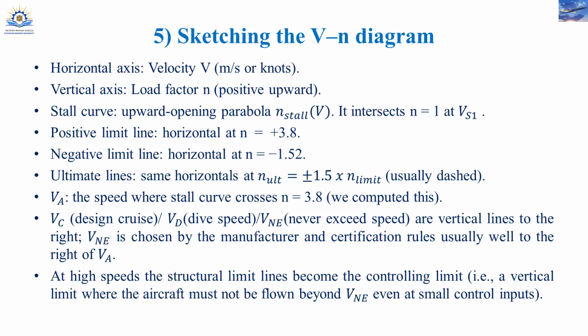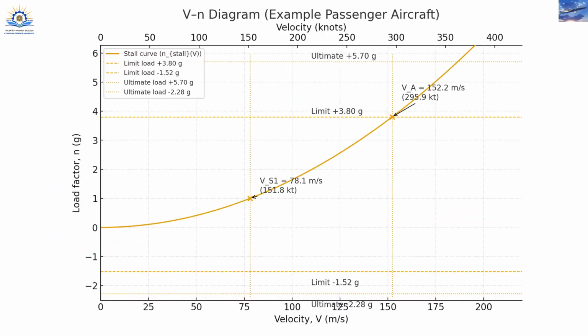Finally, only the positive parts are shown. Actually, the negative is also there, but I didn't sketch the downward parabolic curve. So the positive one is given there. So this is your VN diagram based on the calculated values for a particular aircraft.